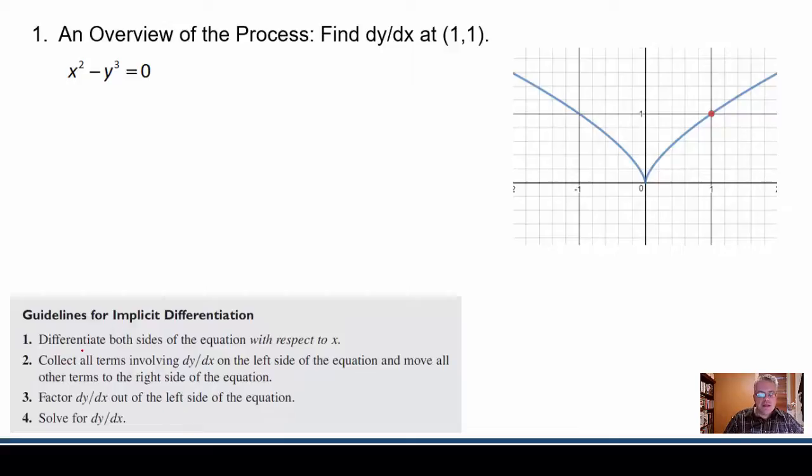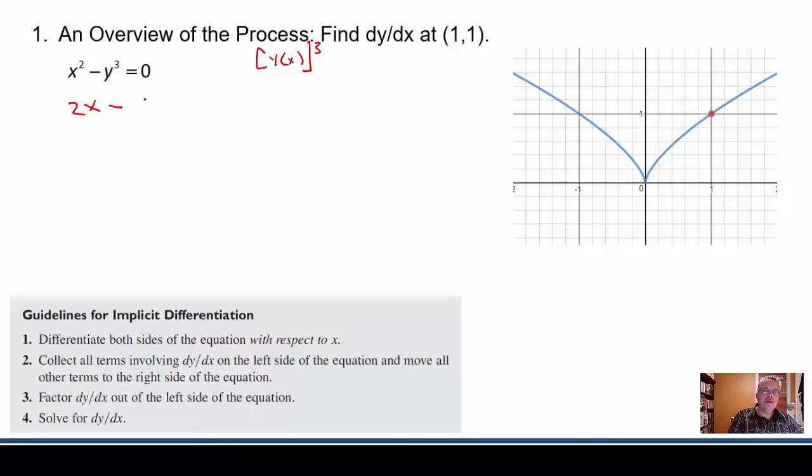The first step is to differentiate both sides with respect to x. We have three terms to differentiate. The derivative of x squared is 2x. For the derivative of y cubed, we have to remember that y is a function of x. It's like having y of x to the third power, and we need the general power rule.